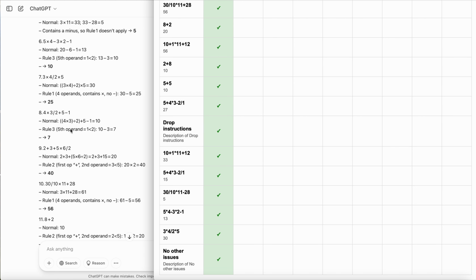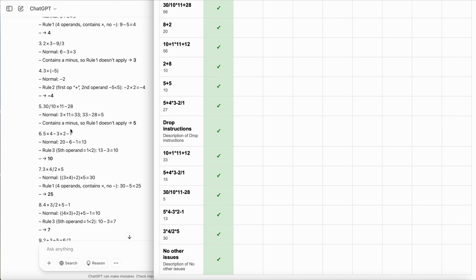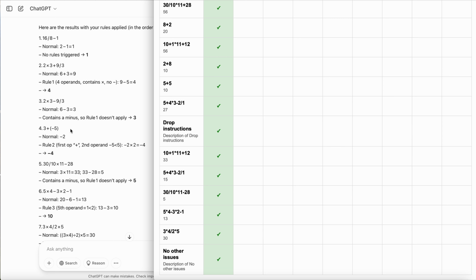Wonderful. And just to display, you remember that in positive tests you must mix equations or conditions that will meet different instructions by order. So you can see no rules triggered, rule 1 doesn't apply, so no rules applied.